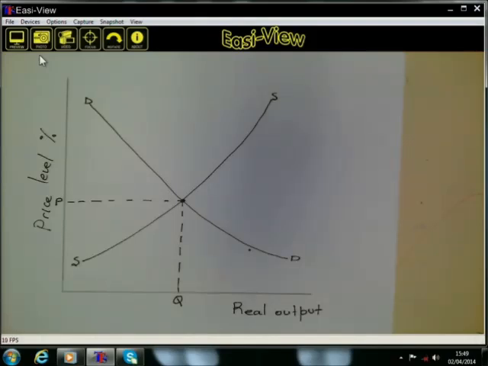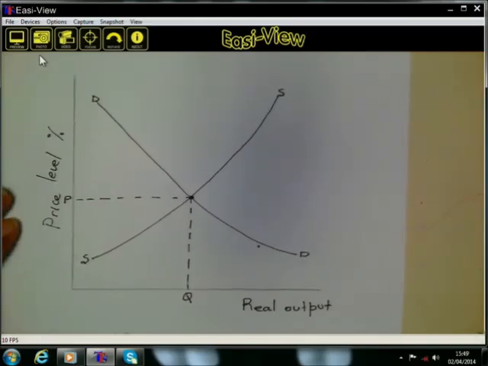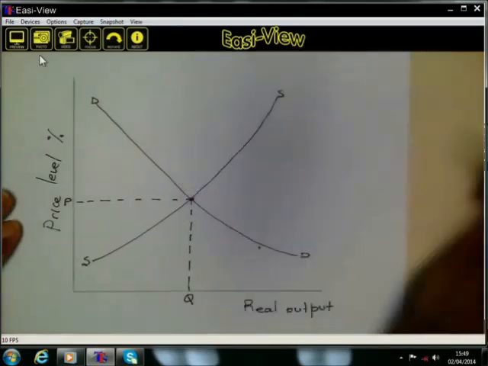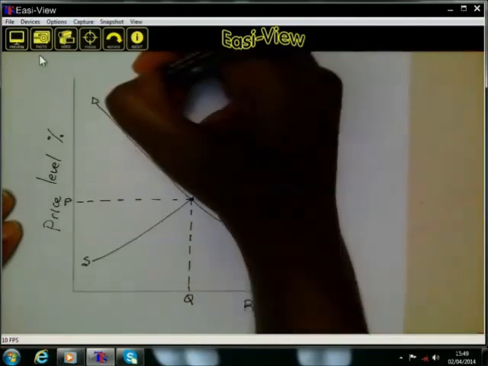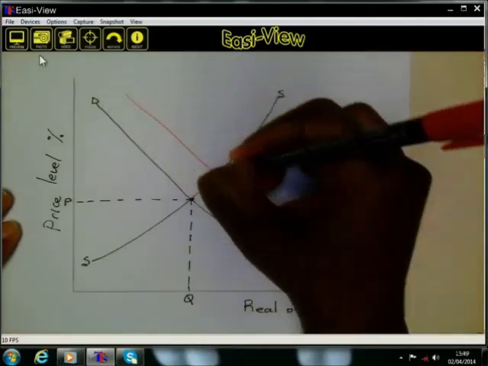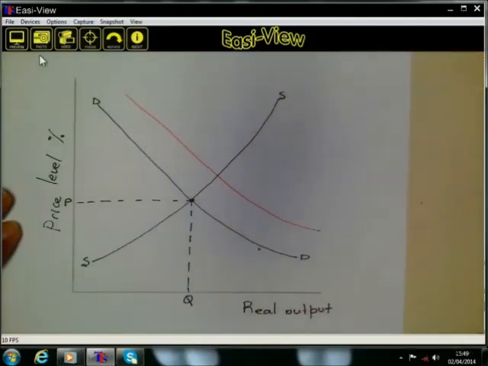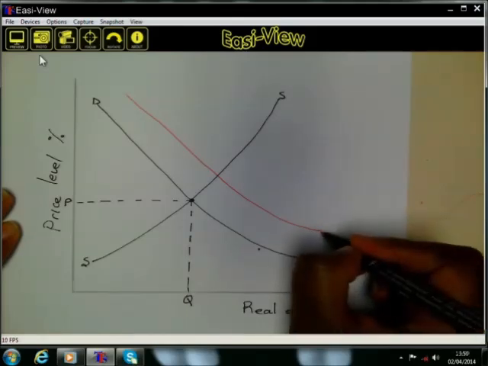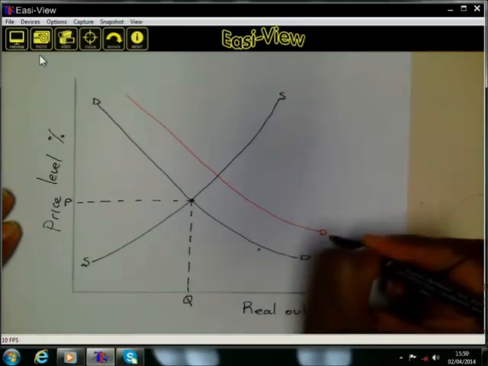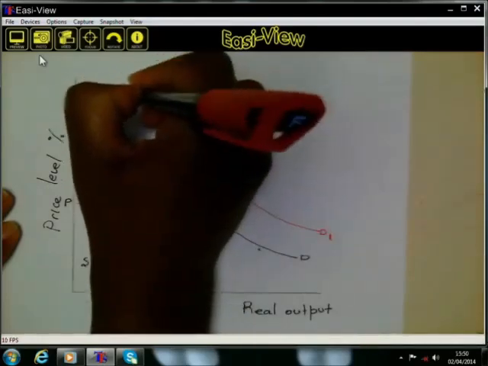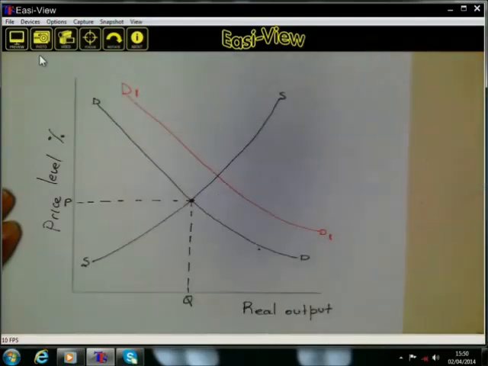And when disposable income increases, we increase our expenditure. When expenditure increases, we increase our demand. So what's going to happen? The demand curve will shift to the right because of the increase. There it shifts from D to D1.